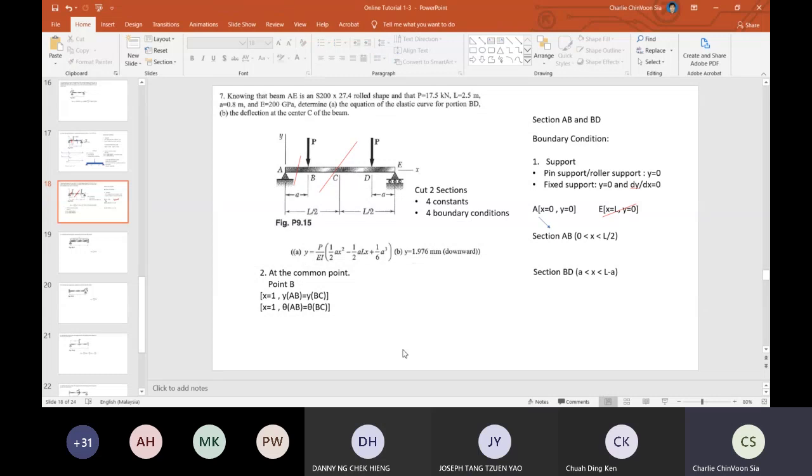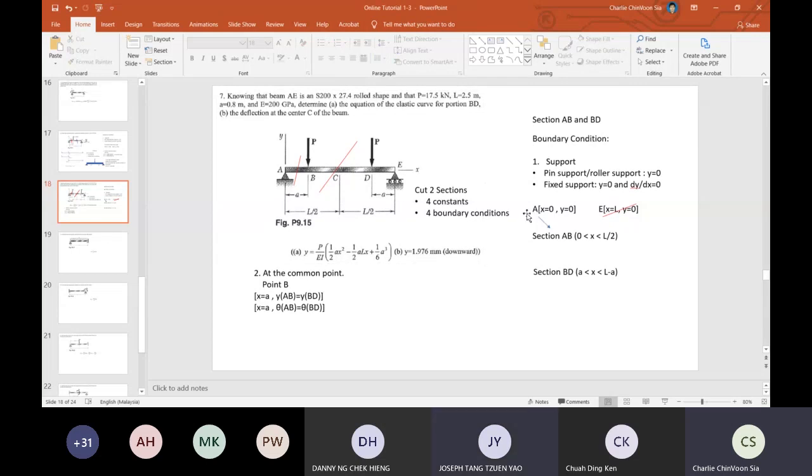So the easiest way, when x equals A, y of AB equals y of BD, and theta AB equals theta BD. So from this common point, we will generate 2 boundary conditions.